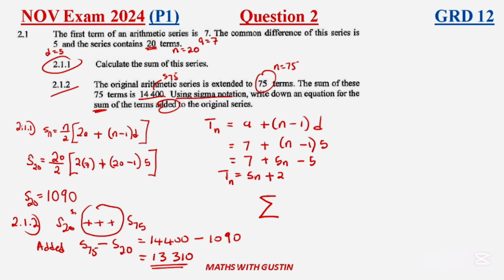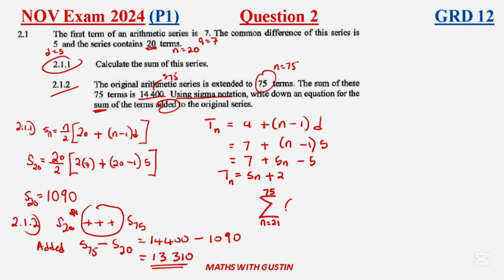We're going to start from 21 up until 75. So our n value here must start at 21 and go up until 75. Guys, I hope you still remember sigma notation. You did it in grade 11. So this is how you would express it. You are starting to calculate here up until the end at 75.